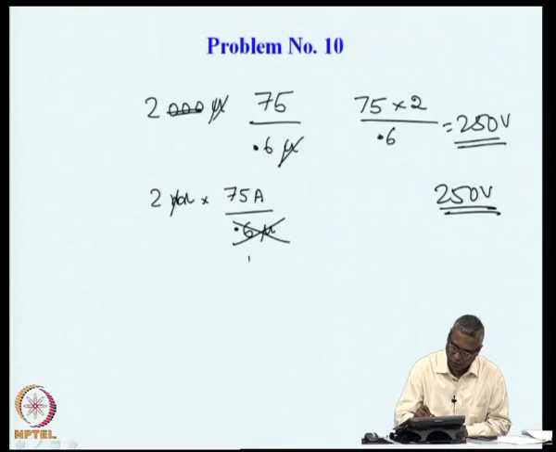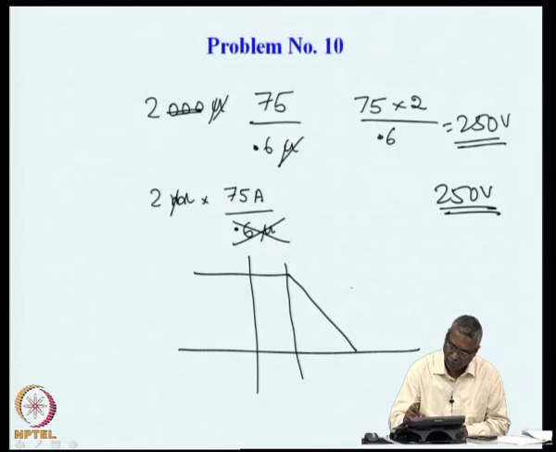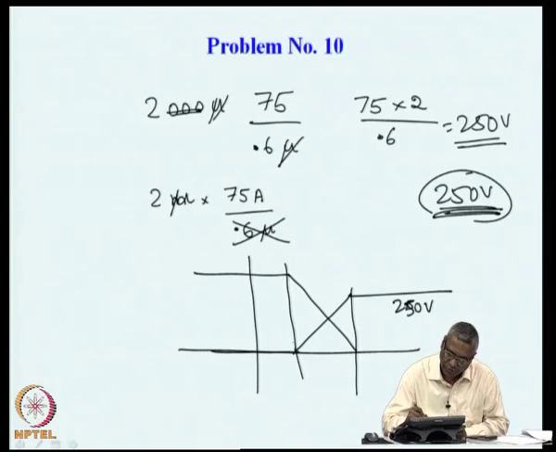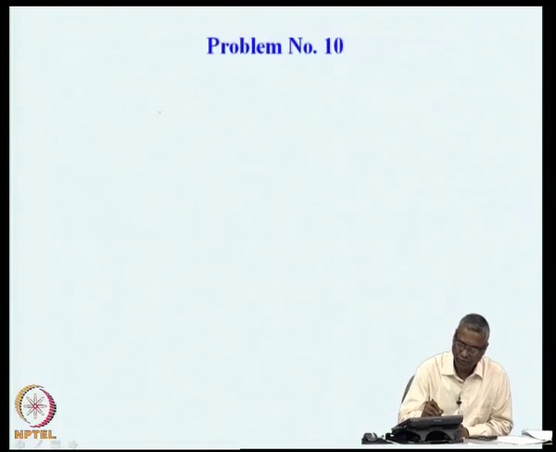So, we can now see that when the current is dropping, we will have a voltage rise which is 0 to 250. On that, we have to have at every point 250 volts added. So, this voltage will go to 250 and then at all these points.